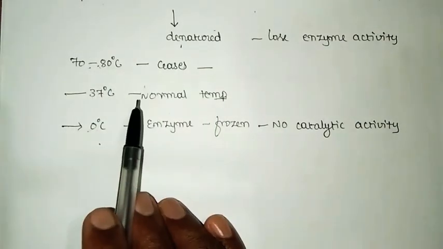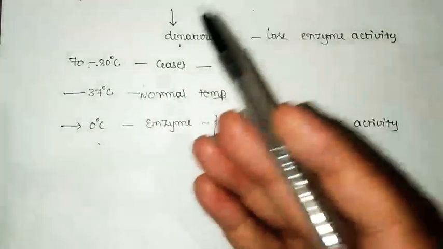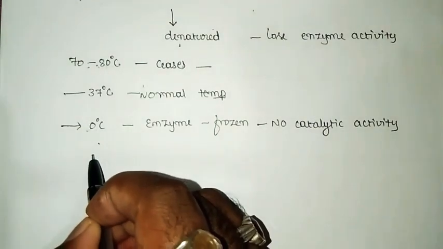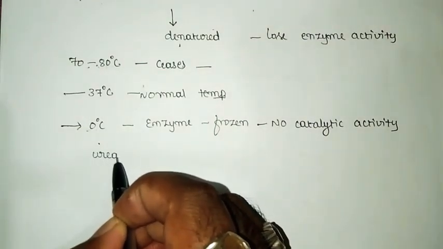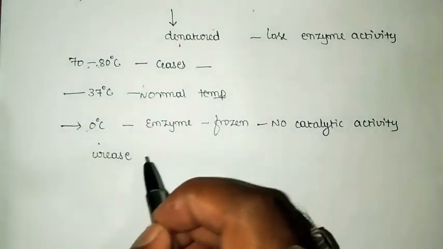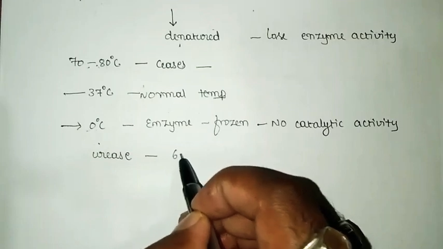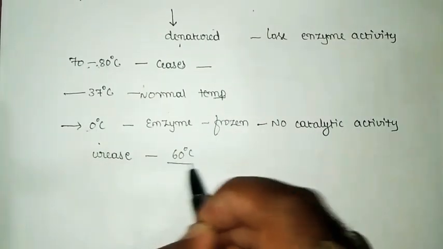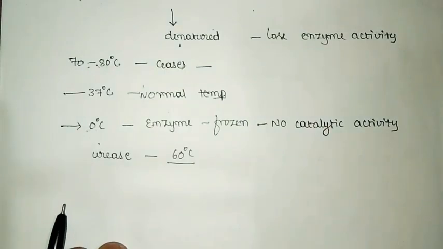Some of the plant enzymes show catalytic activity at relatively high temperature also. For example, the plant enzyme urease, which is used for the hydrolysis of urea, works as a catalyst and shows its catalytic activity even at 60 degrees Celsius.